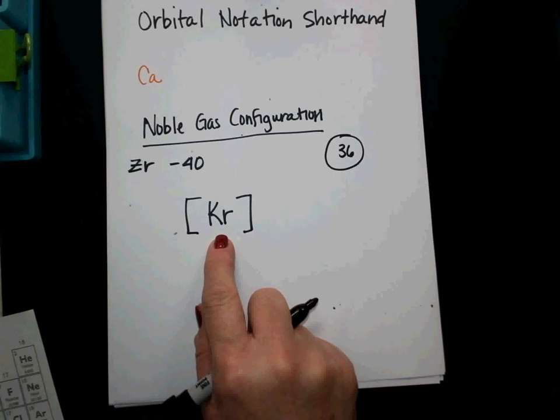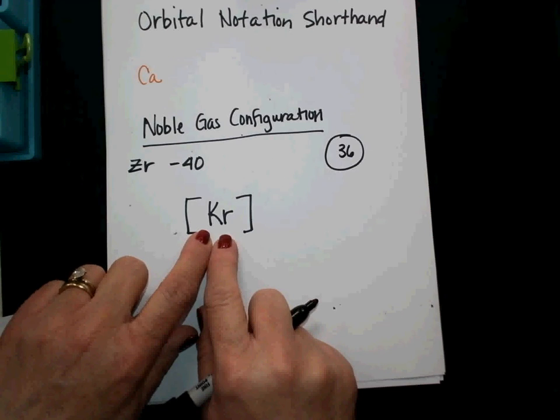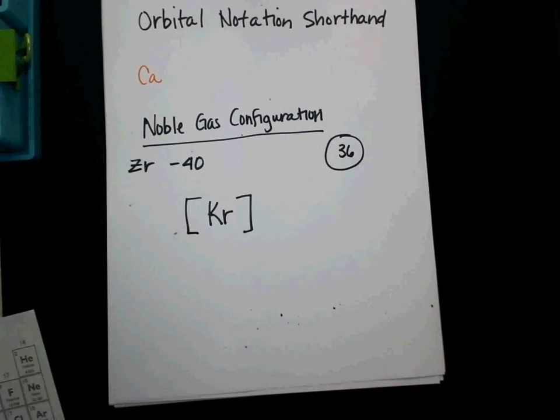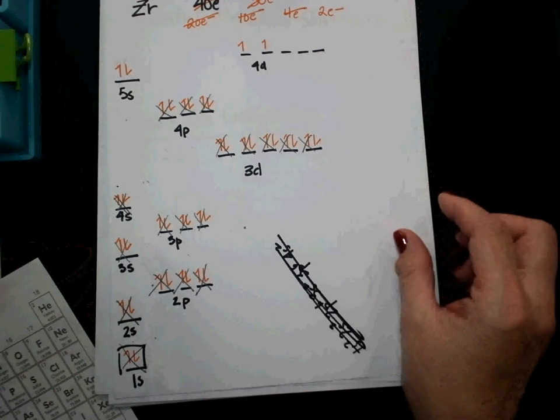I'm going to write that down. So this stuff in brackets represents the first 36 electrons from zirconium, so we don't have to redo all that or draw all those arrows. We just say, okay, I've already used the first 36.